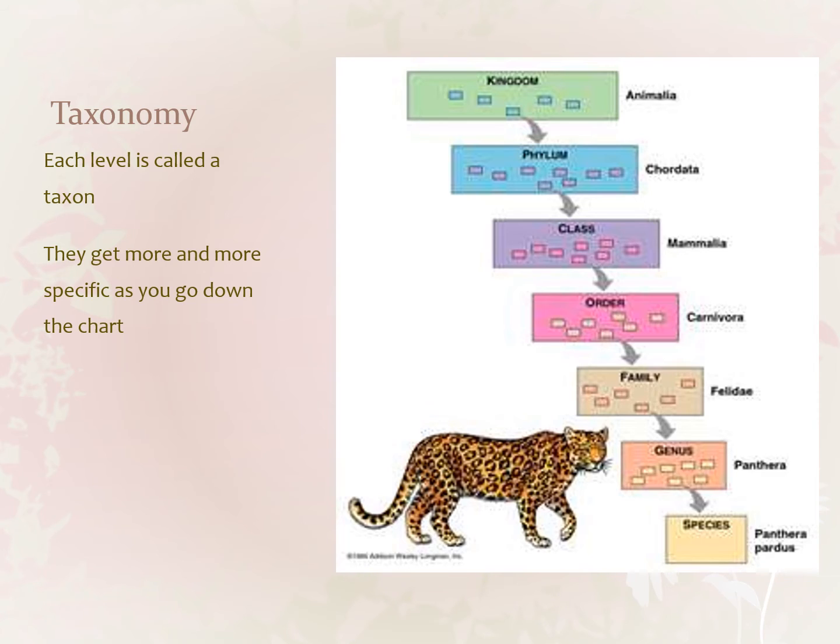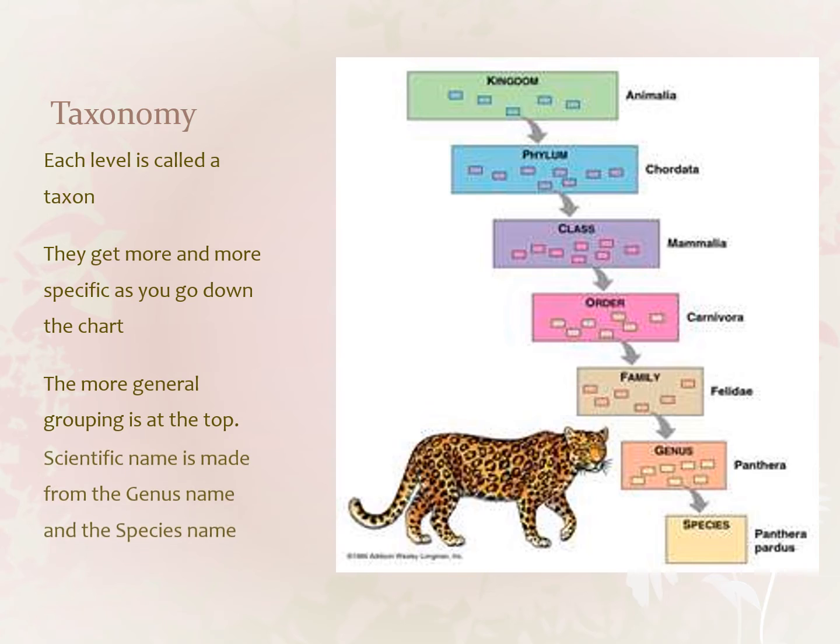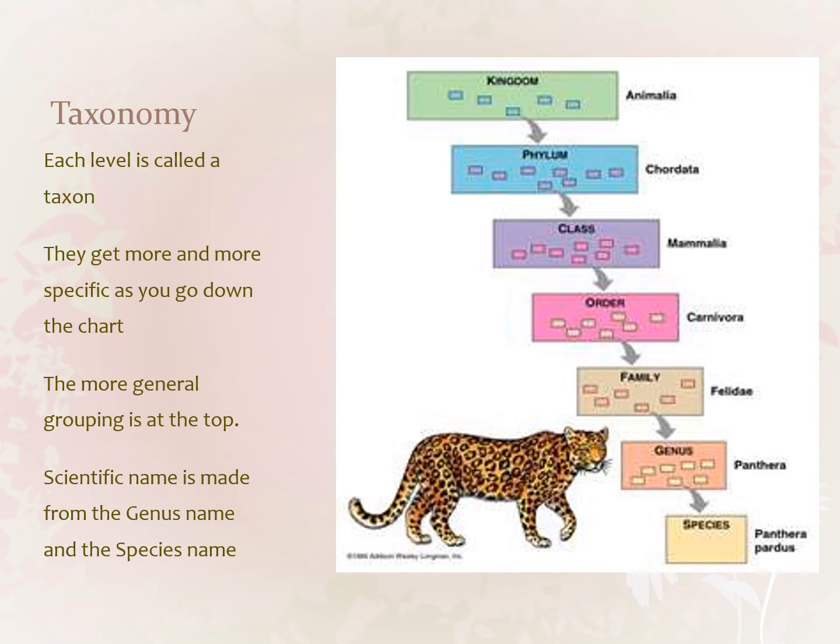And then we're like, okay, well, how can I take all the cats in nature and divide it up? And so eventually we'll get the genus Panthera and then the species pardus. And so the scientific name here is Panthera pardus. So the more general grouping is at the top, and you work your way down until you get to one very specific creature. And that's what gives them the scientific name. So the scientific name is a combination of their genus name as well as their species name.